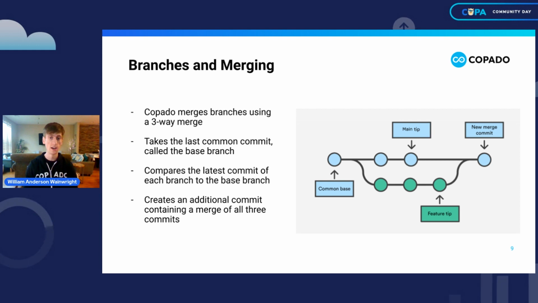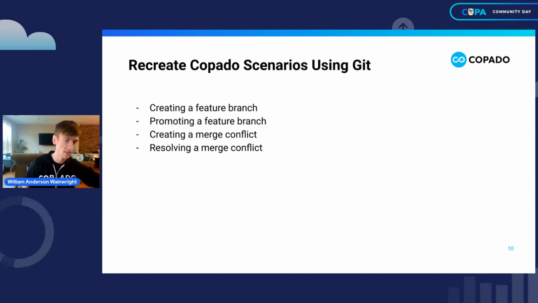And so there are situations where the developers will have to use online conflict resolution to manually merge feature branches, but a lot of times the merge commits are actually created by Copado itself. But all merge commits in Copado are done using the three-way merge strategy. If you ever work on a project outside of Copado, you might be using something different.